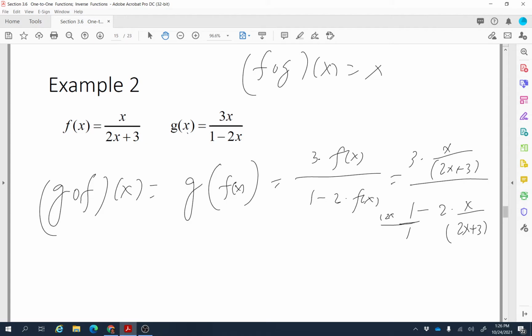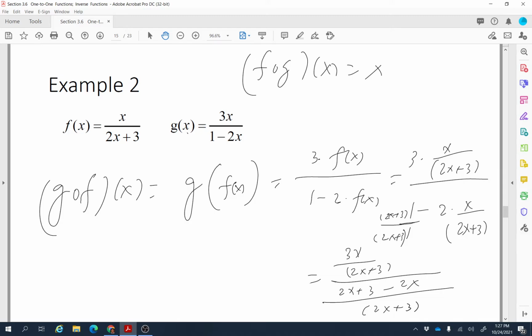Here it's 2x plus 3 over 2x plus 3. We can do that to make the same denominator. By doing that, on the top you have 3x over 2x plus 3, and on the bottom there is 2x plus 3 minus 2x over 2x plus 3. We can cancel this 2x plus 3 and 2x plus 3.